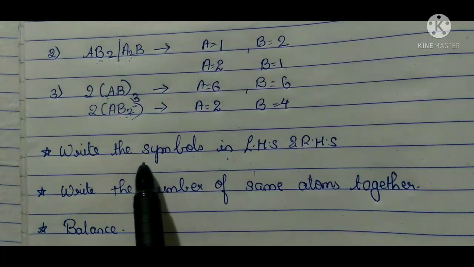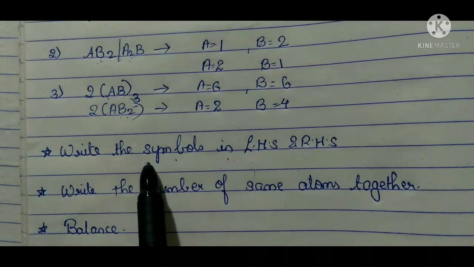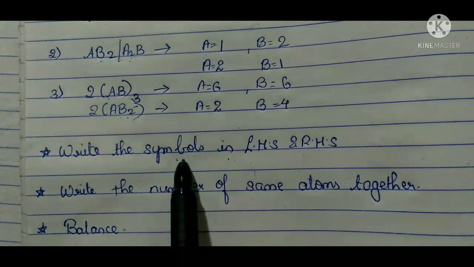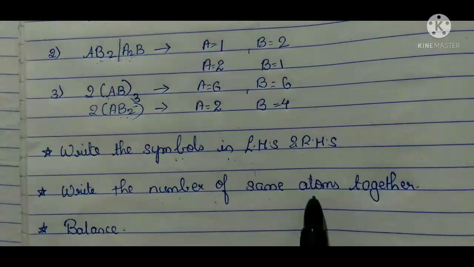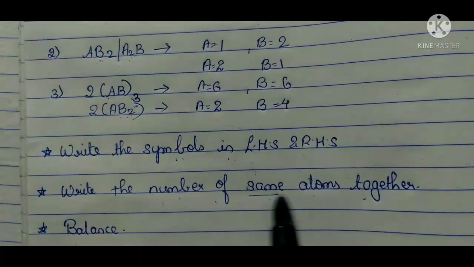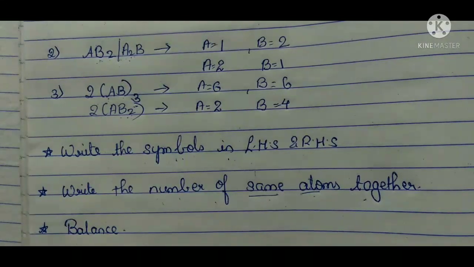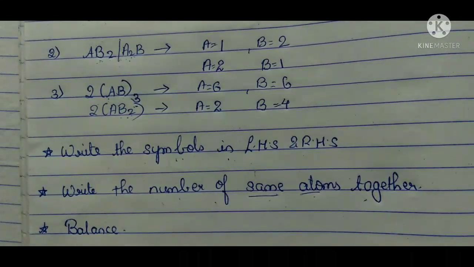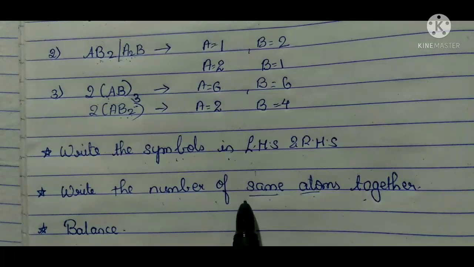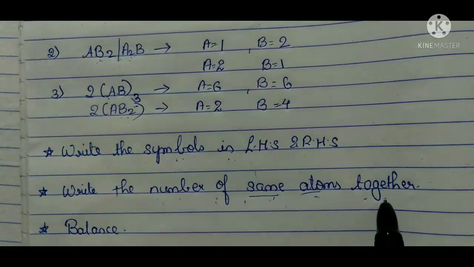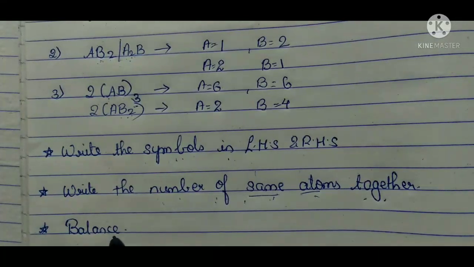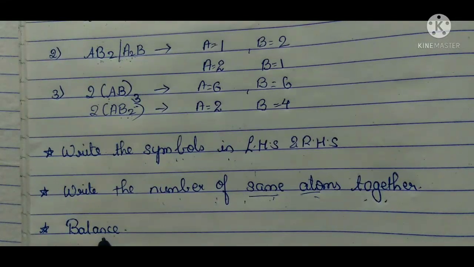Second, you will write the number of same atoms together. What do you mean by same atoms together? That also you will learn with the help of an example. For the time being, remember you have to write the number of same atoms together. And at last, you have to balance it.